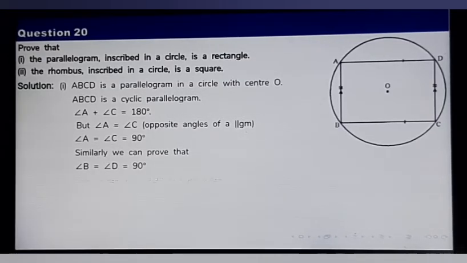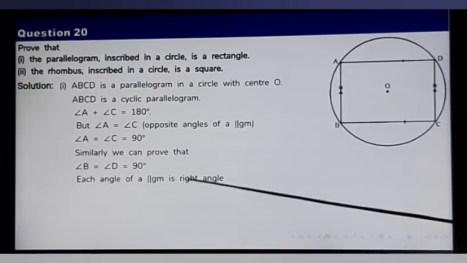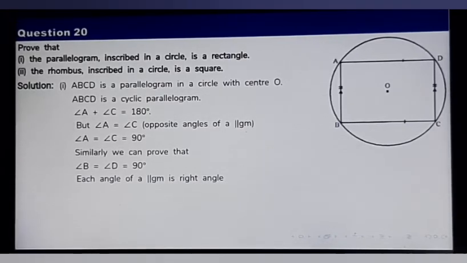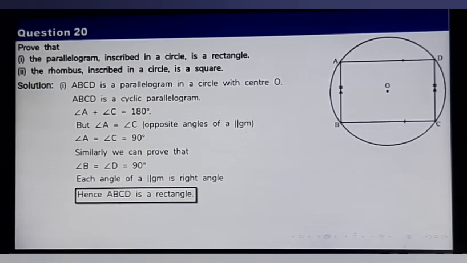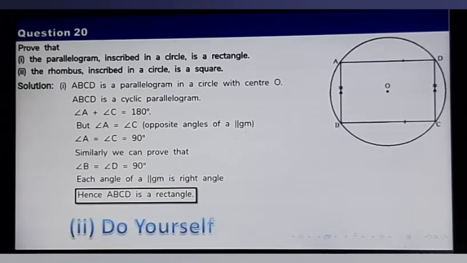All right, if all the corner angles are 90 degrees, then what does this mean? This means that this is nothing but a rectangle. So each angle of the parallelogram is a right angle. This means ABCD is a rectangle. All right, so number 2 you will try by yourself. So pause the video to note down.